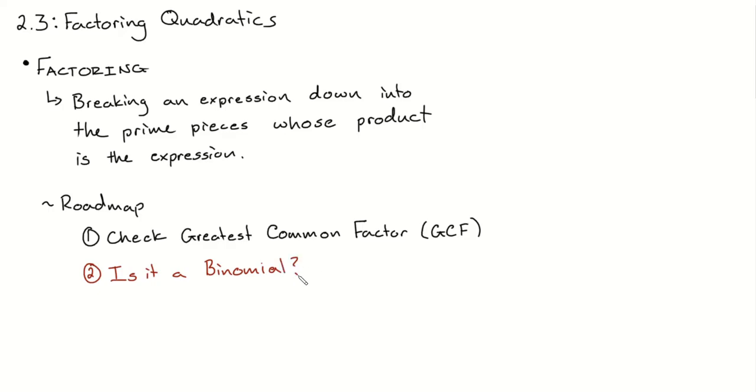For our binomial stuff, right now we only have one option. There's more out there, but as a follow-up on 2, we're going to check, is it a difference of 2 squares? Now, you will likely never see me write all of those out again. I just refer to it as a difference of squares.